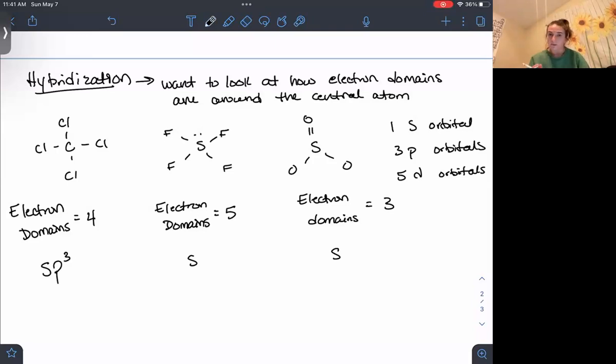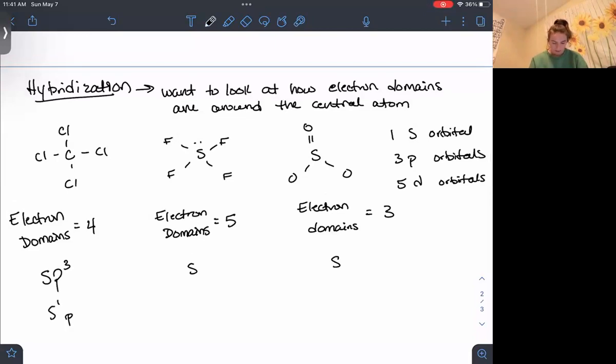Because if we look at the exponent, right, we have s to the 1, p to the 3. If we add up 1 and 3, we get 4 total orbitals, and that's going to match our electron domains. So you want sp3 for this one. Does that make sense why it's sp3? Okay. Whenever you have an electron domain of 4, it'll always be sp3.